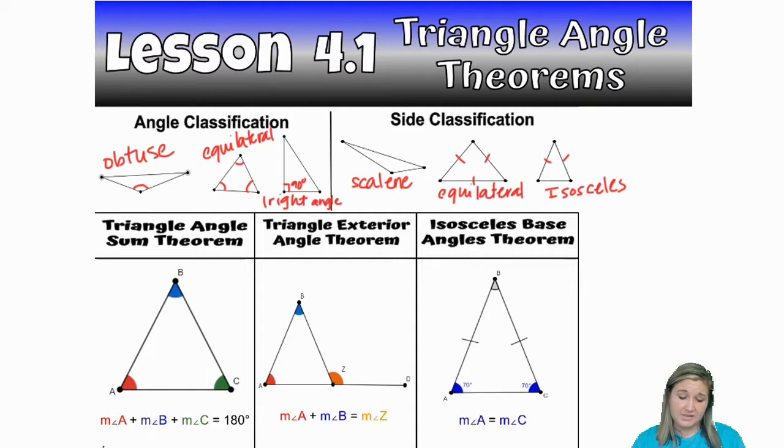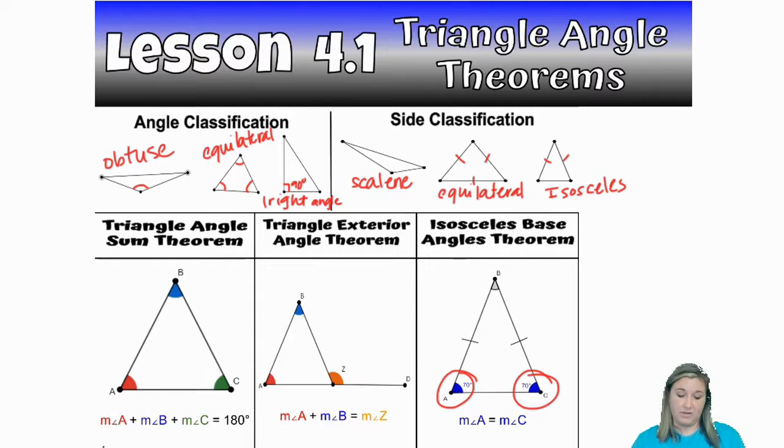And then we have the isosceles base angles theorem. The base angles theorem basically says that if you have two side lengths that are exactly the same, noted right here with that little tick mark, meaning it's the same measure as the other line segment that has a tick mark on it, then if those two sides are congruent, the two angles are going to be congruent as well.